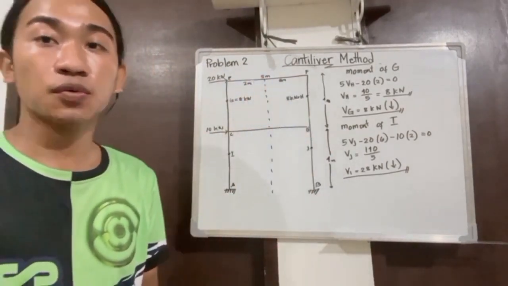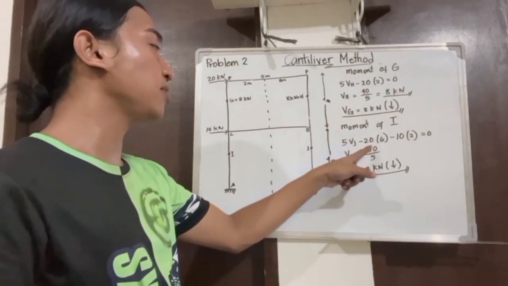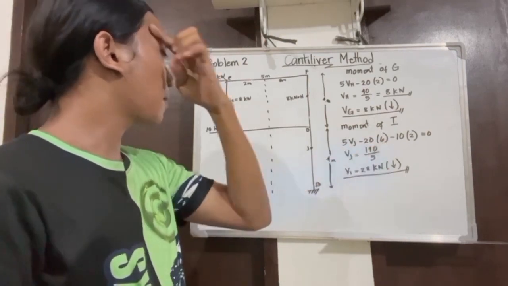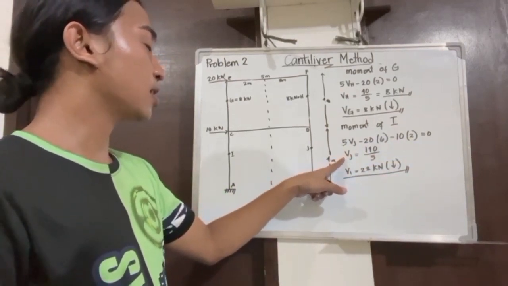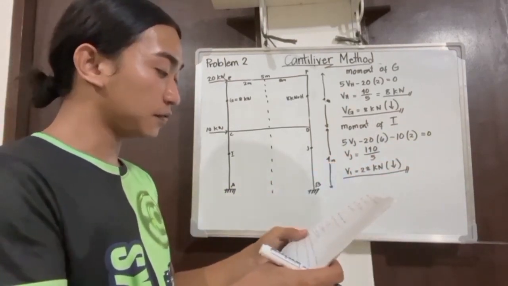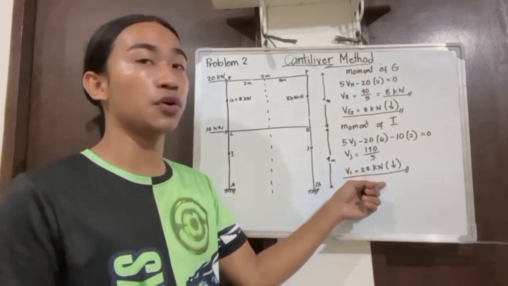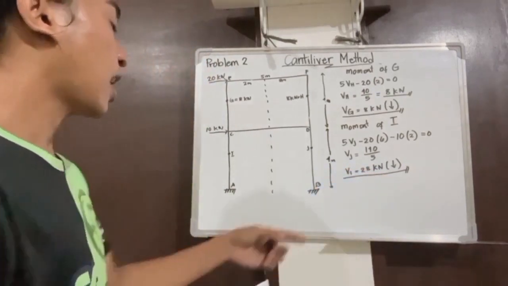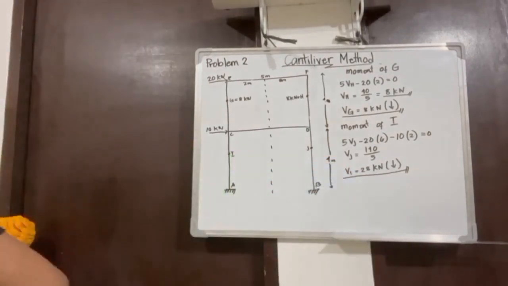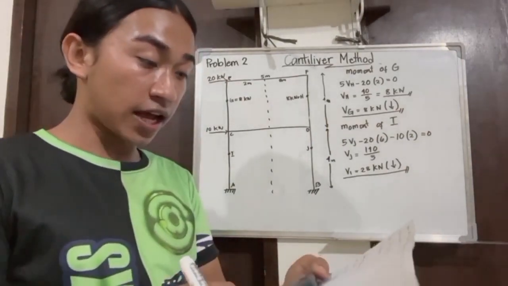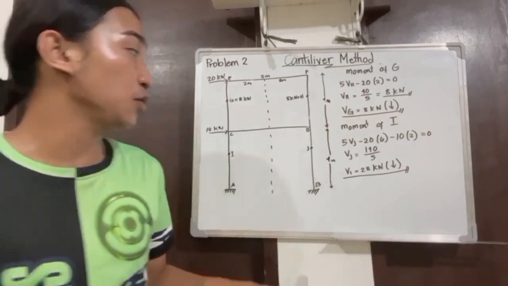And then to get the moment of I, 5 times VG minus 20 times 6 minus 10 times 2 equals 0. VG is 140 over 5. And then our final answer is 28 kilonewton. Our I is the same, VG is 140 divided by 5, so the final answer is 28 kilonewton.